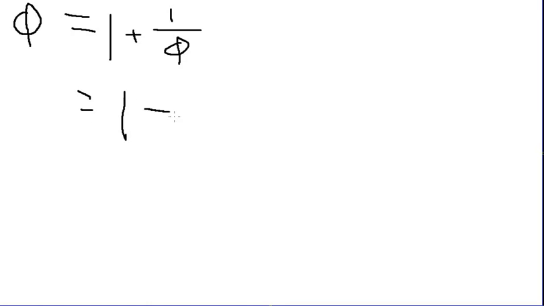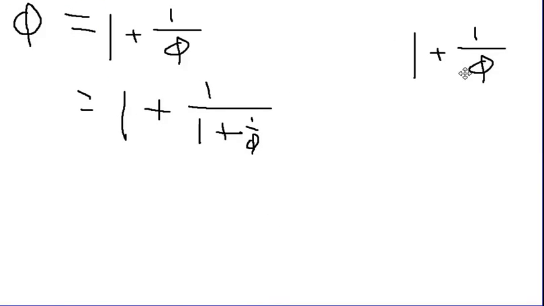So that's what we do. Instead of phi right here, I'm writing 1 plus 1 over phi, because phi is equal to 1 plus 1 over phi. So this is kind of like scratch work over here.